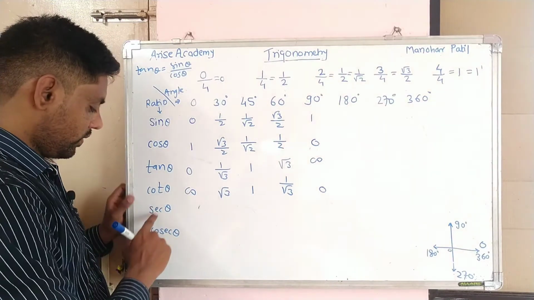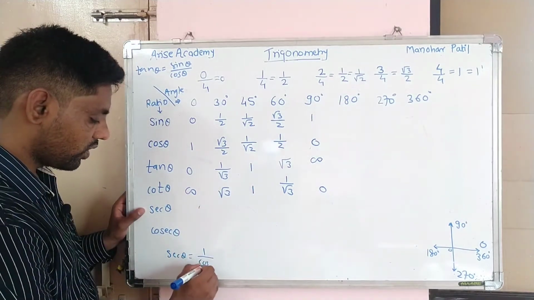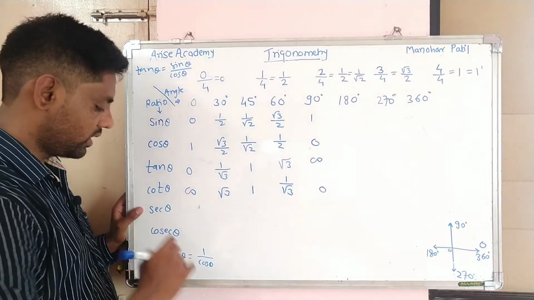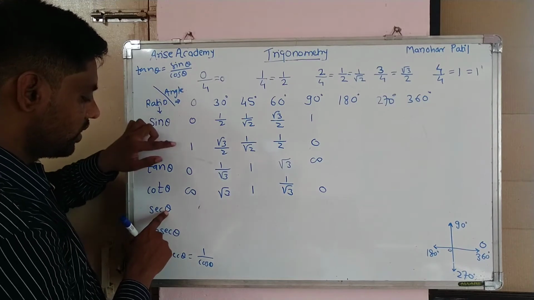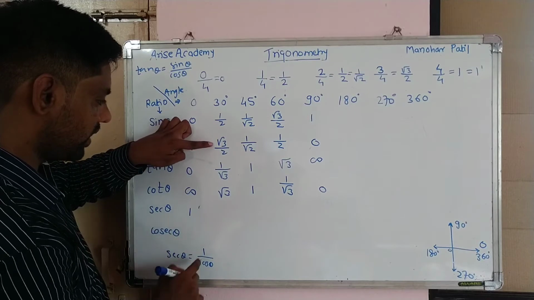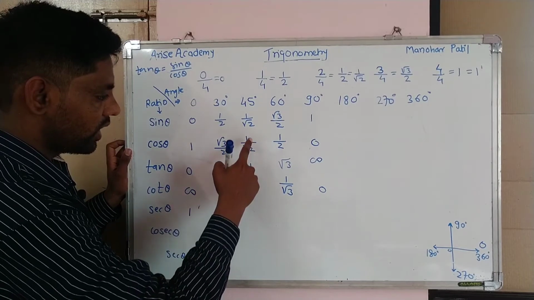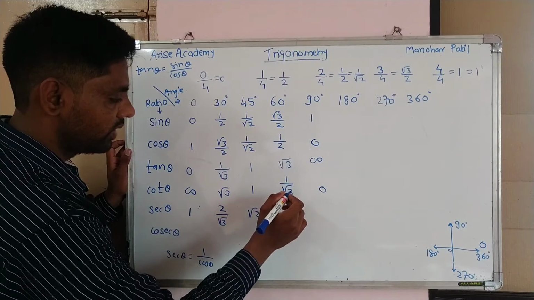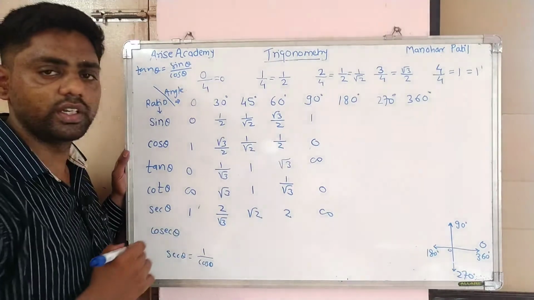For sec theta we know that sec theta is equal to 1 upon cos theta. That means sec theta is the reciprocal of cos theta. So from this formula we find all the values for sec theta. 1 divided by 1, so the answer is 1. 1 divided by root 3 by 2 gives 2 by root 3. 1 upon 1 by root 2 gives root 2. 1 divided by 1 by 2, so the answer is 2, and 1 by 0, so the answer is infinity.